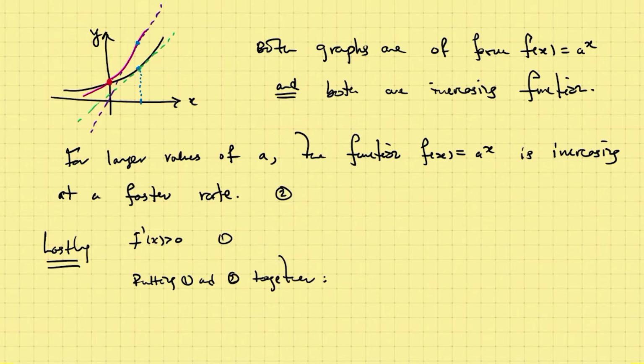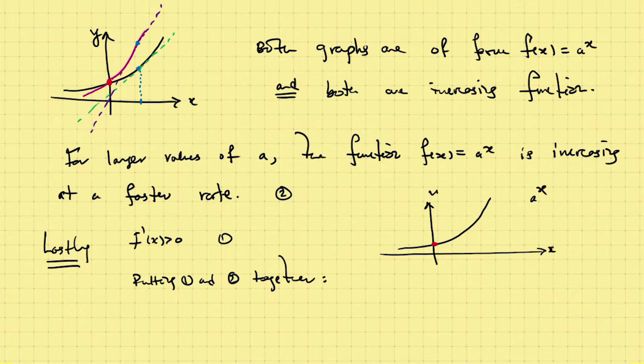we can say that there has to be a very special graph. There has to be a graph which looks give or take the same as the ones we've seen so far, because they're all going to be of the form a^x.